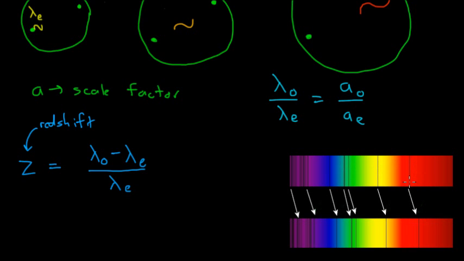If I notice that all of these lines are shifted, so this is what I observe and this is what was emitted, then I can calculate what the redshift is, and I can calculate this very accurately. I recommend looking at the video on spectral lines if you want to learn a little bit more about this.